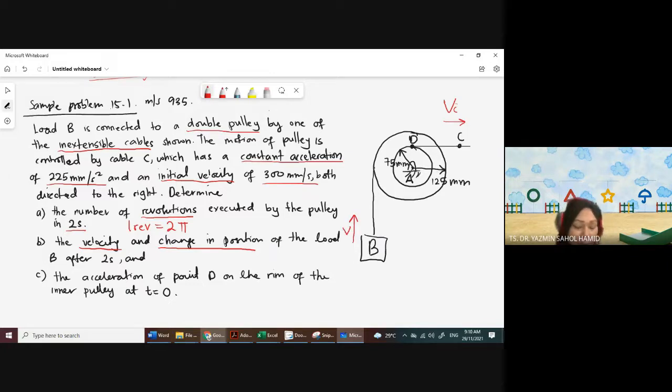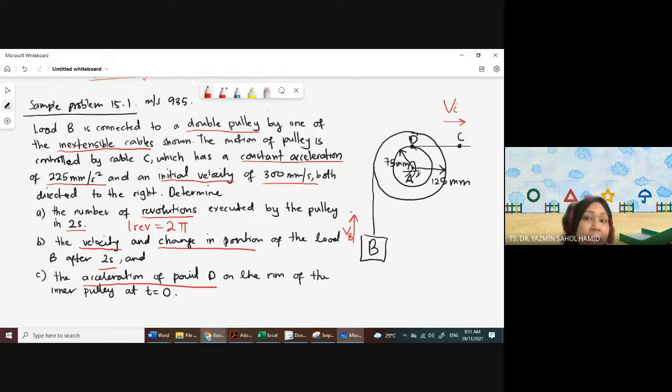Block B ni punya velocity lah. Okay. So dia nak velocity block B berapa dengan dia nak dia punya change in position after 2 seconds dah bagi tahu. And then dia nak acceleration of point D on the rim of the inner pulley.